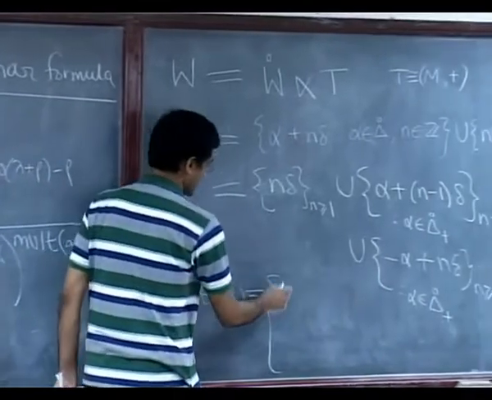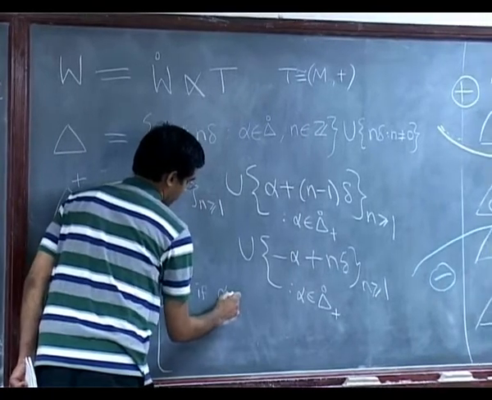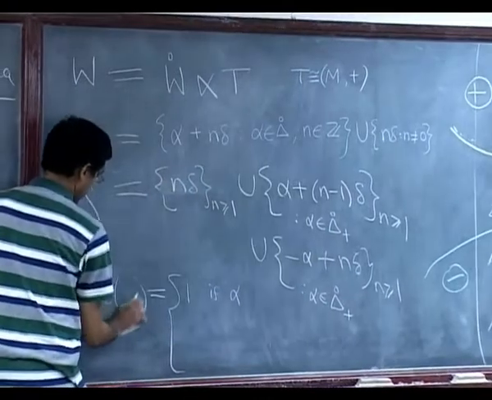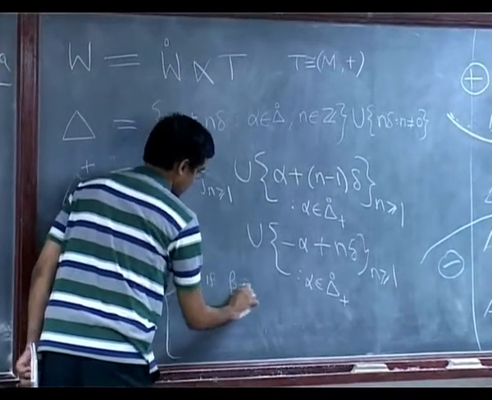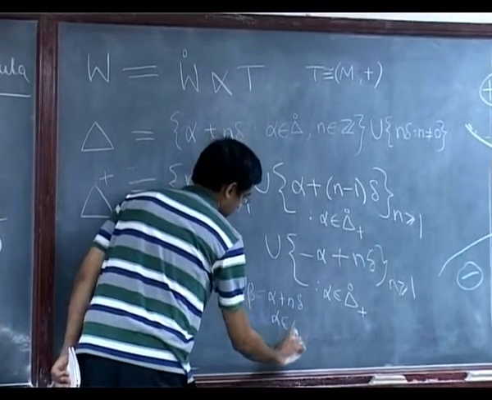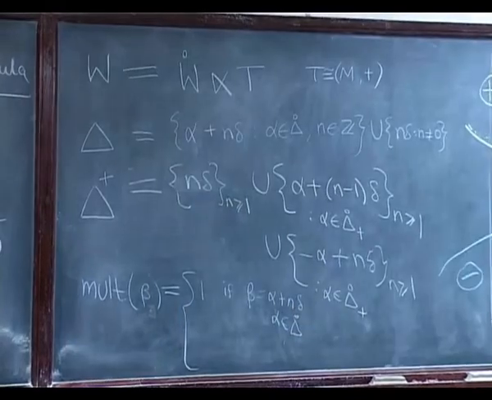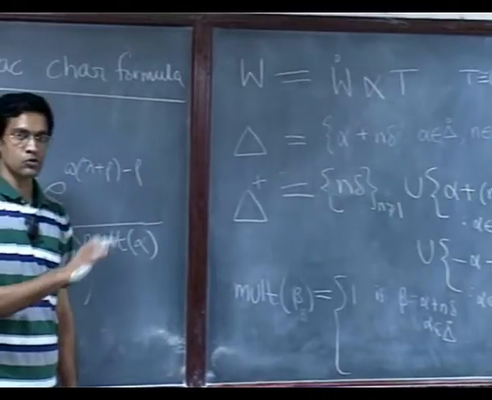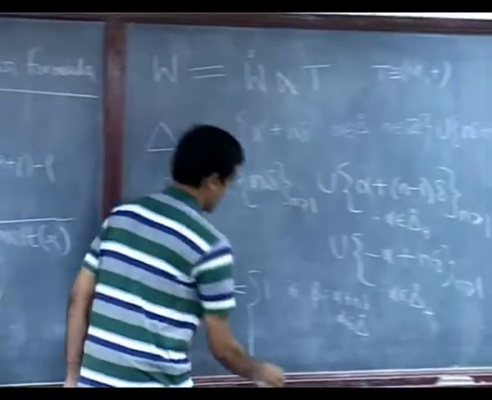So, multiplicity of alpha is 1 if alpha is a root of the form, so let us probably call it beta. If beta is a real root, meaning to say beta is of the form alpha plus n delta for some alpha root of the underlying finite algebra. Okay. For real roots, multiplicity is 1, and what is left are the n deltas, the imaginary roots.